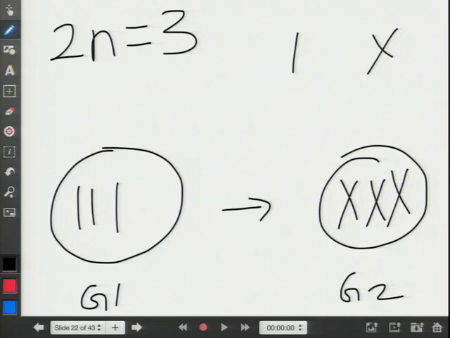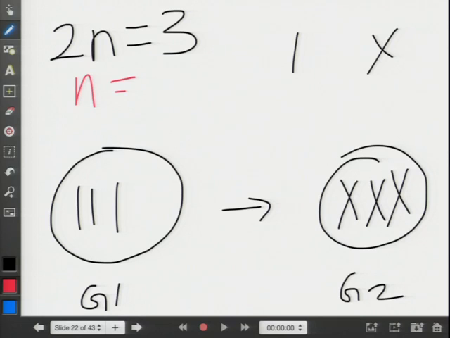So yes, you can have an odd diploid number. It doesn't affect mitosis at all. Mitosis completely works fine with an odd diploid number. What do you think gets totally messed up with an odd diploid number? Meiosis, right? Because then what would this guy's haploid number be?